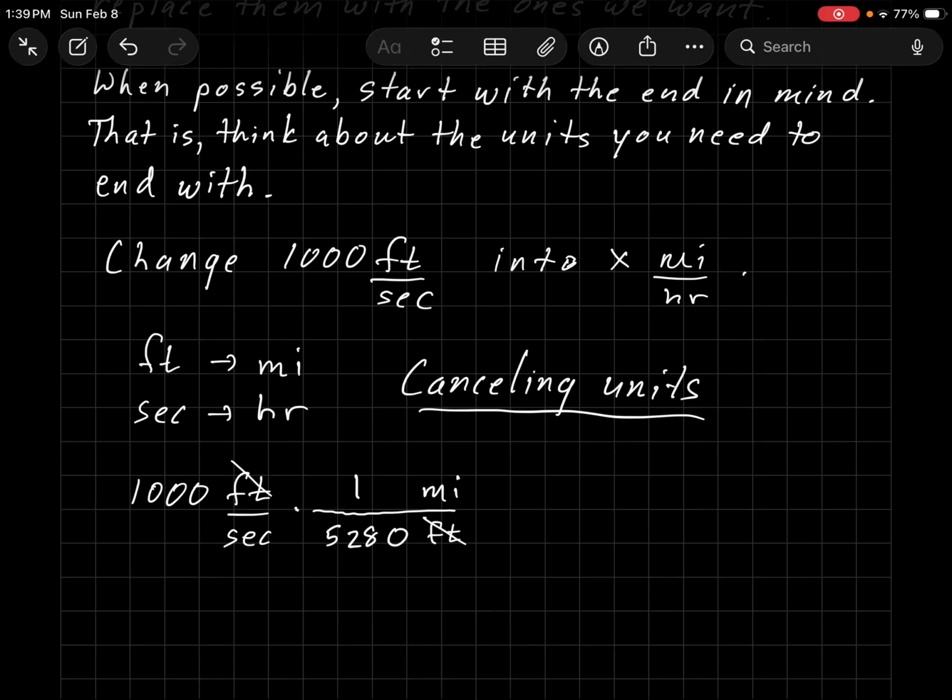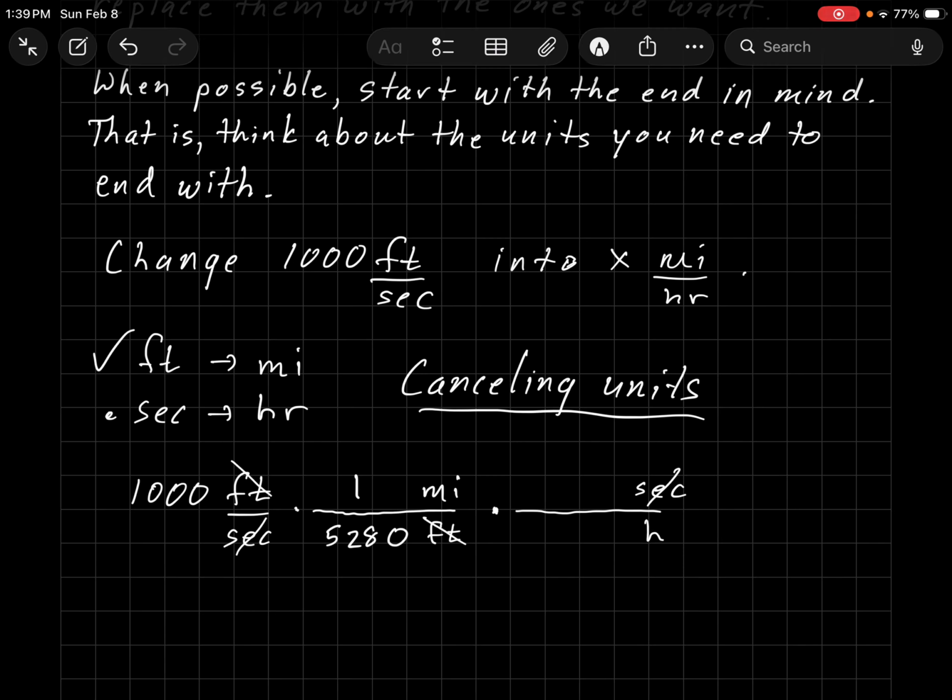Now we need to change our seconds to hours. Once again, we're not going to do it directly, but we're going to multiply by something. This time we want seconds in the numerator. Why is that? Because now seconds over seconds will cancel.